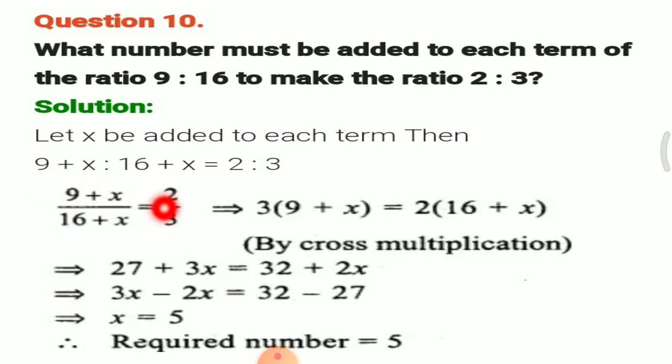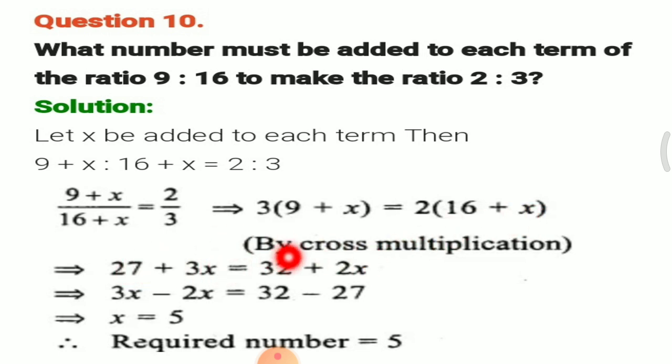You write it in fractional form, so 9 plus f by 16 plus f is equal to 2 by 3. You do the cross multiplication, so 3 multiplied by 9 plus f is equal to 2 multiplied by 16 plus f. After that you multiply: 3 times 9 is 27 plus 3f, is equal to 2 times 16 is 32 plus 2f.